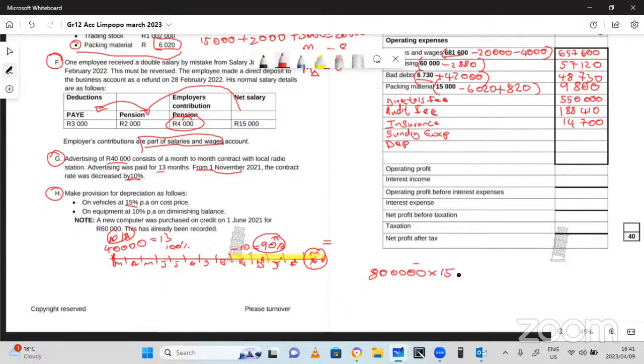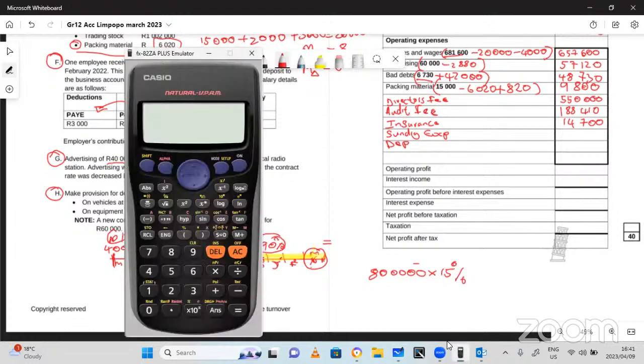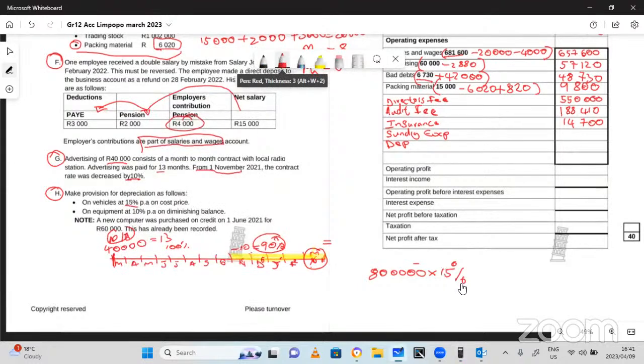So you punch your calculator, take the 800,000, multiply it with 15%, which in return is giving us 120,000.